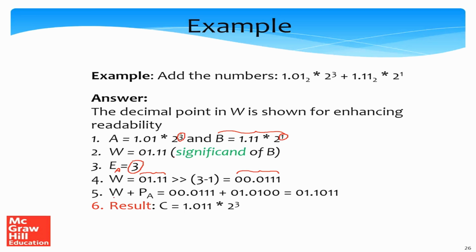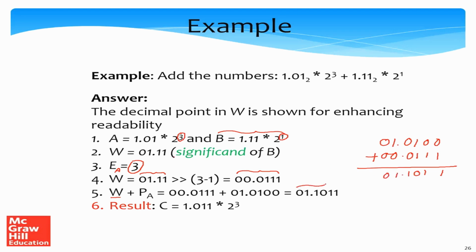Then we add W with the significand of PA. W is 0.0111 and the significand of PA is 01.0100. So if I do the addition, I'll have 1, 1 here, 1 plus 1 is 0, it's 1 here, and 0, 1.